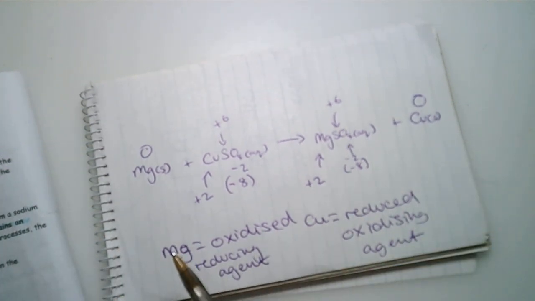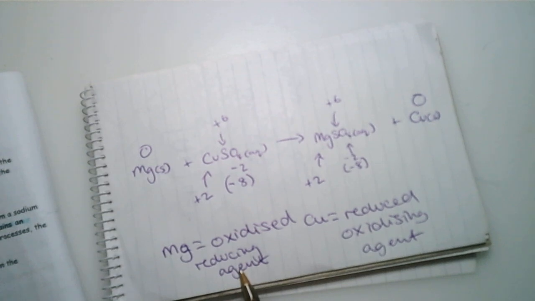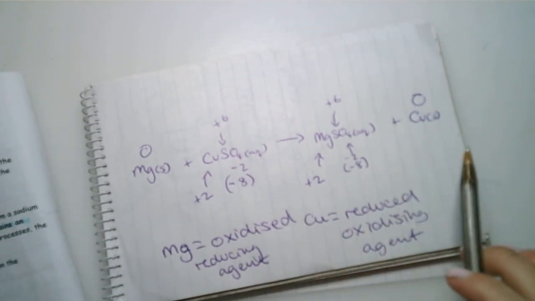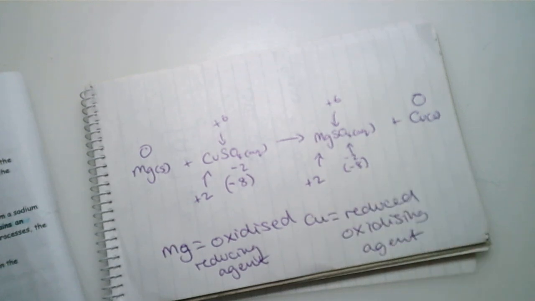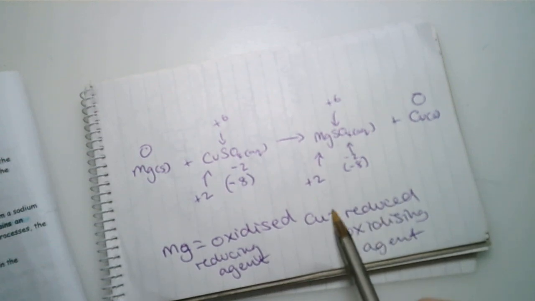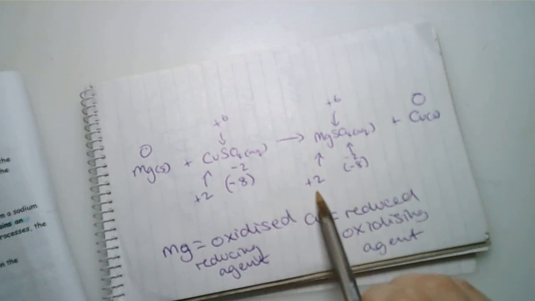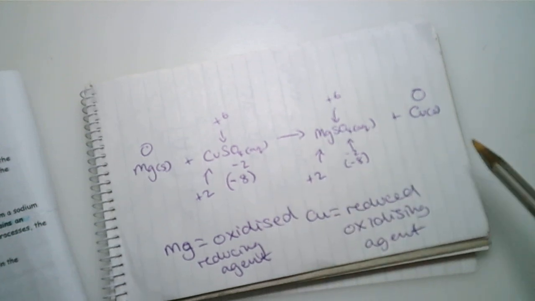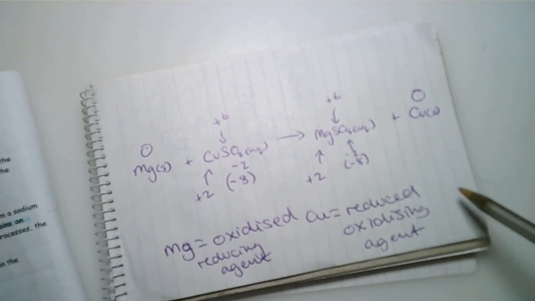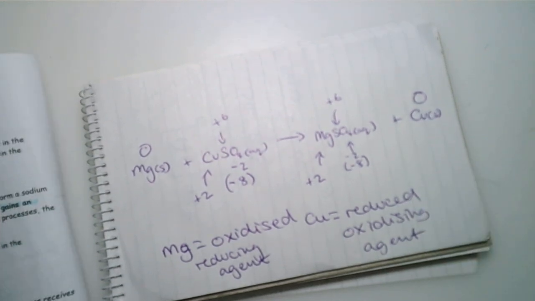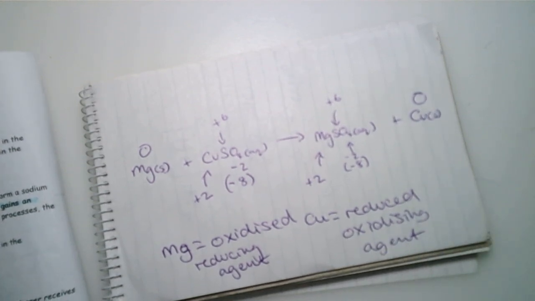So magnesium is the reducing agent, as it loses electrons to form magnesium ion, and therefore is oxidized, and copper is the oxidizing agent, as it gains electrons to form a copper atom, and is therefore reduced. So whatever gains an electron is reduced and its oxidation number goes down, and whatever loses electrons is oxidized and its oxidation number goes up.